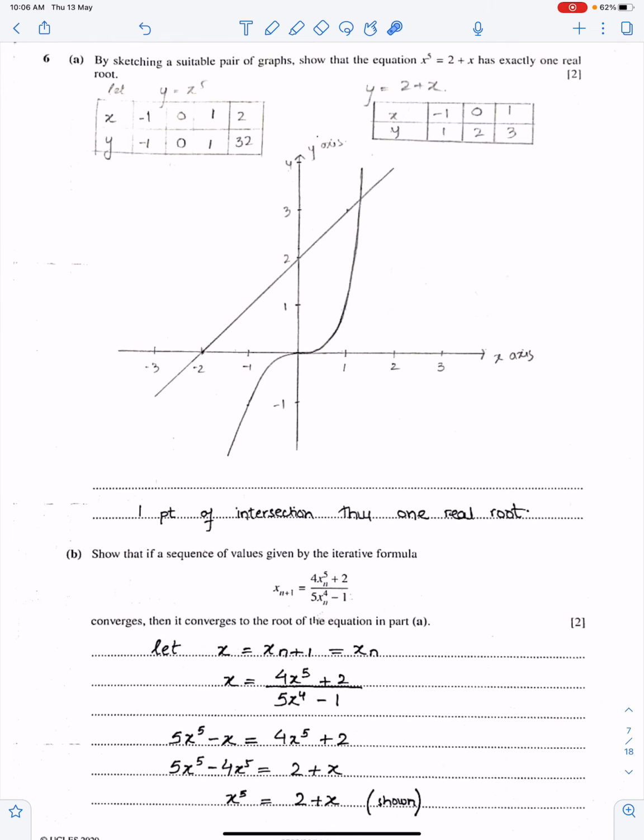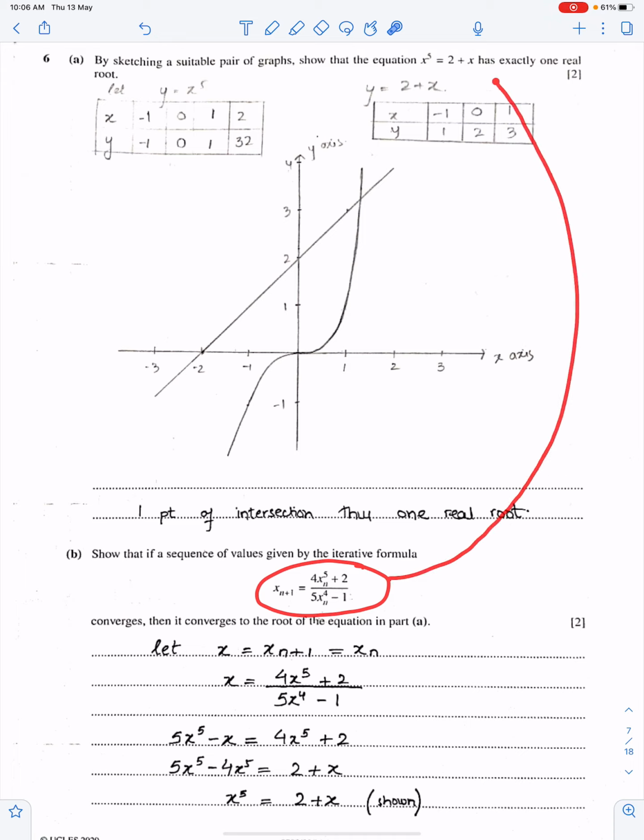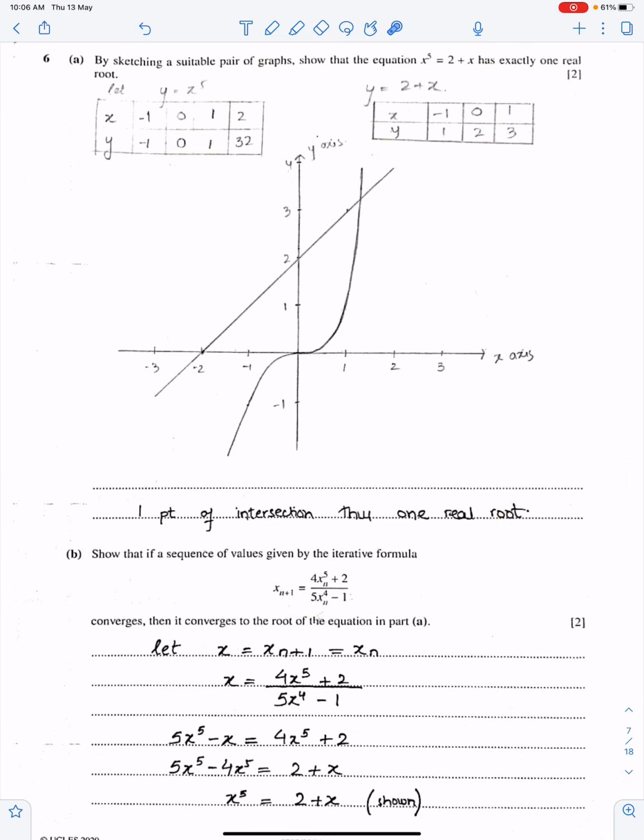Show that if a sequence of values given by the iterative formula converge, then it converges to the root of the equation in part A. This means you need to convert this equation into this form. So it's given the formula converge.